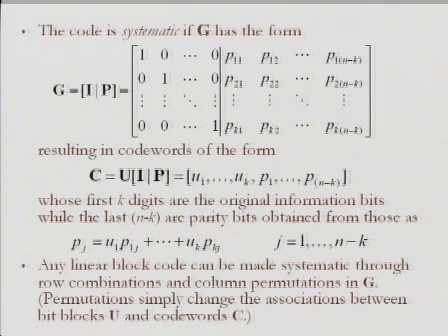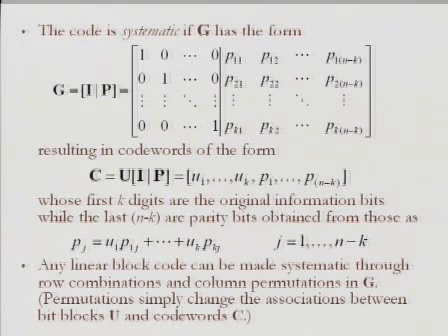What matters is that the first part, the first k rows and columns, are equal to the identity. So what's the consequence of that? Well, when you multiply U by a G that looks like this, the first k bits of the code word happen to coincide with the information bits themselves, because this is identity, so they just carry over.